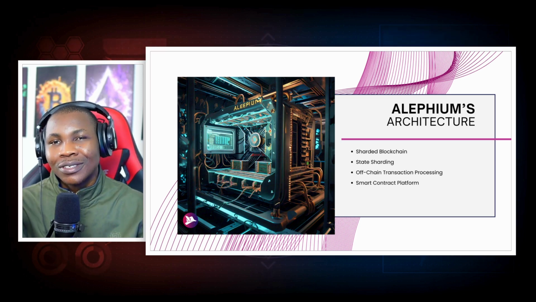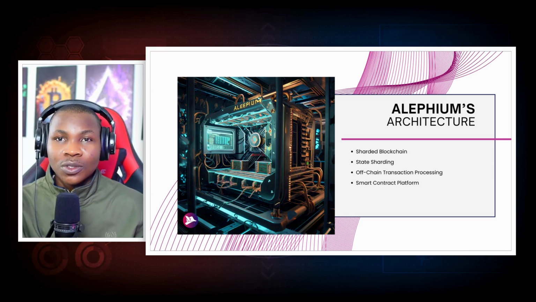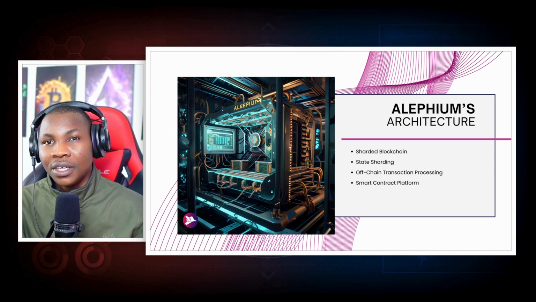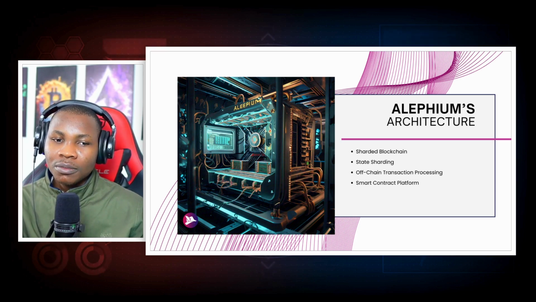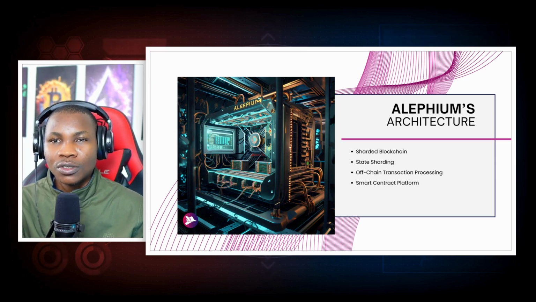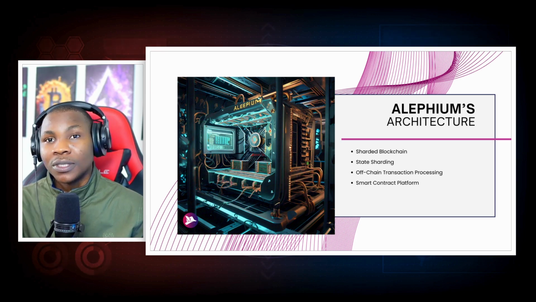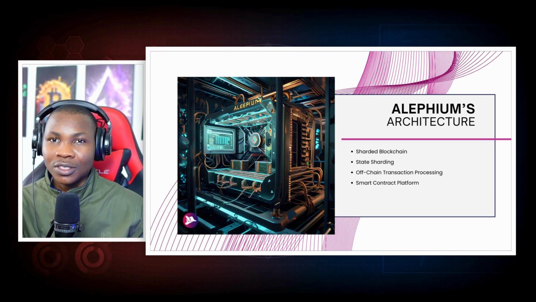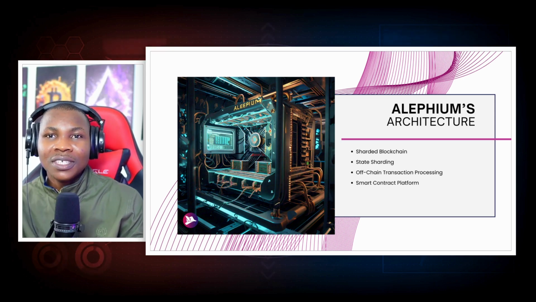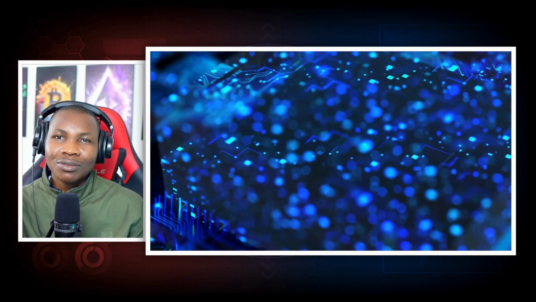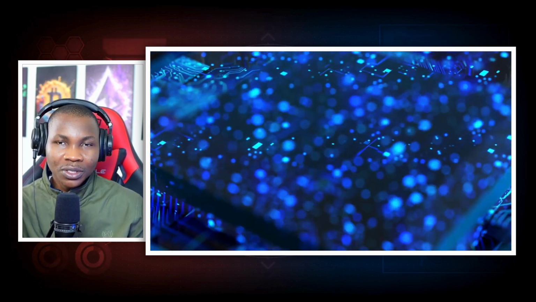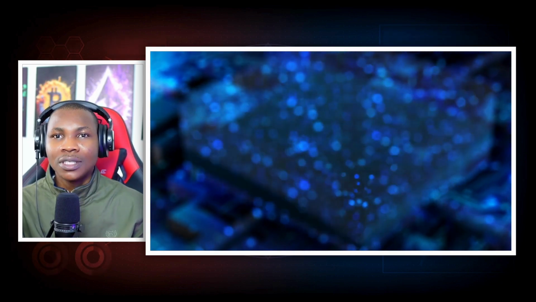Secondly is what is called stateful sharding. What it means by Alephium being a state sharding blockchain is that it not only breaks down transactions into subsets and processes them in smaller shards to improve the speed of transactions on the blockchain, but it also employs a method of sharding where each of those small processes has its own state.